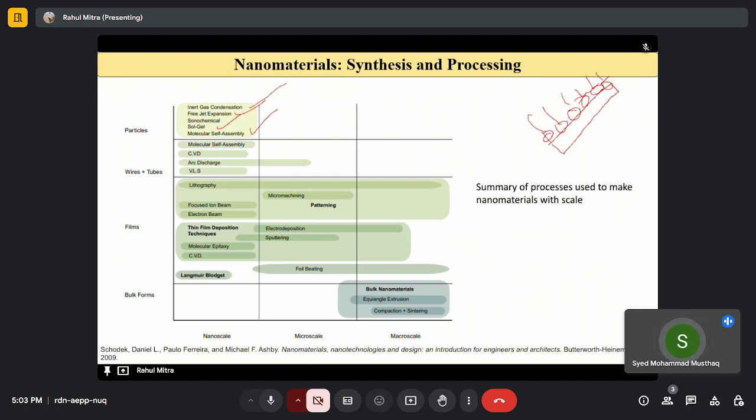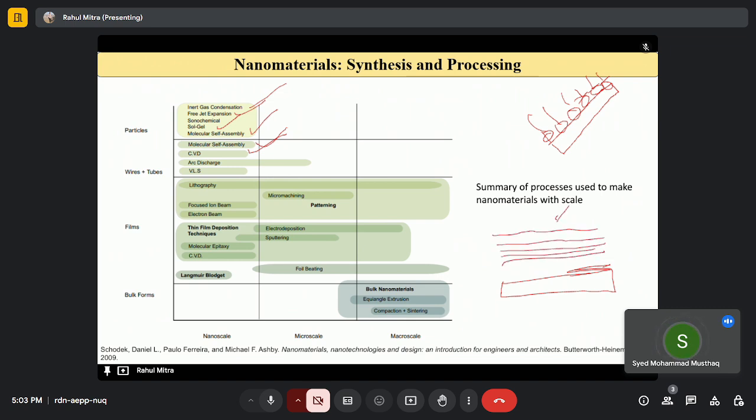And when it comes to wires and tubes, again we have a molecular self-assembly process to form these, and we have a CVD process, just like I mentioned before, depending upon the chemical reaction we are doing in the system or on the substrate. For example, suppose this is my substrate, and I have an environment like this.